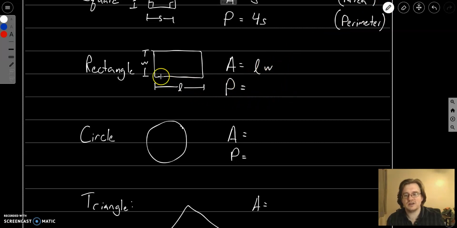The perimeter, so again, this is just the distance around the rectangle. There are 2 lengths and 2 widths. So the entire way around will just be 2L plus 2W.